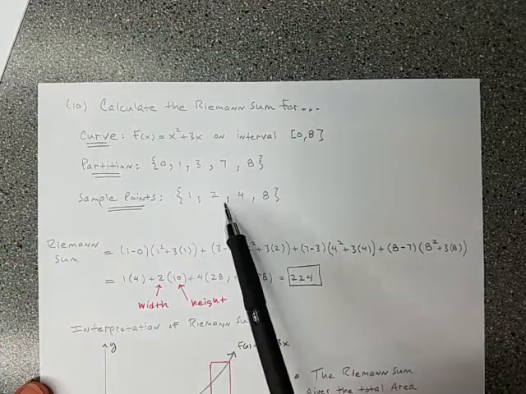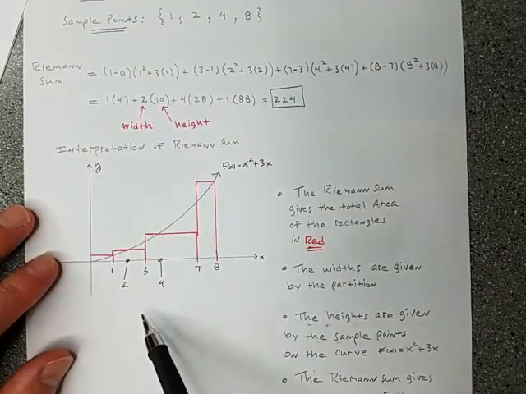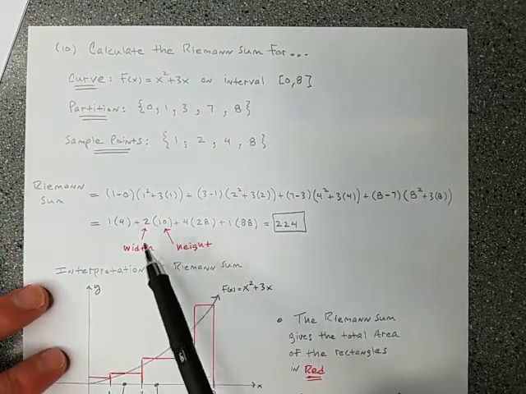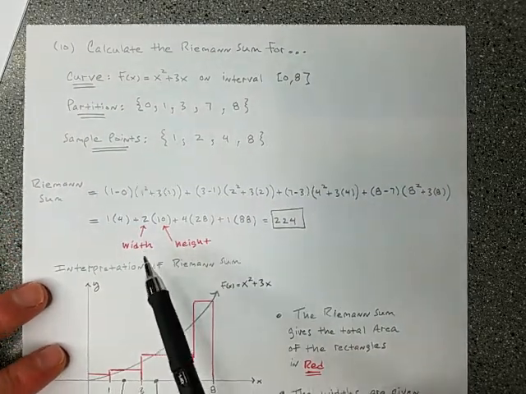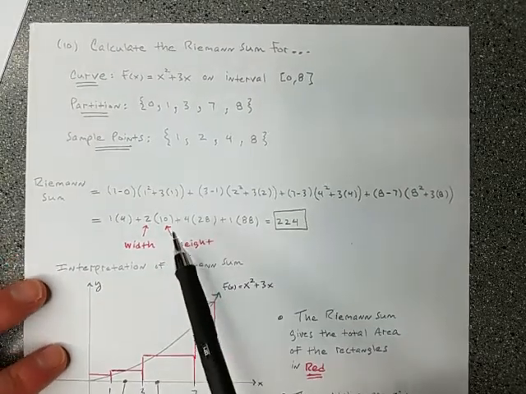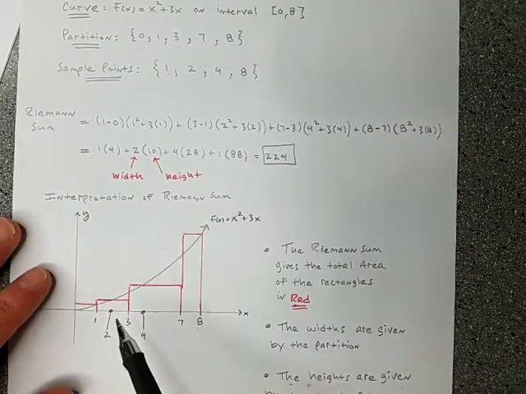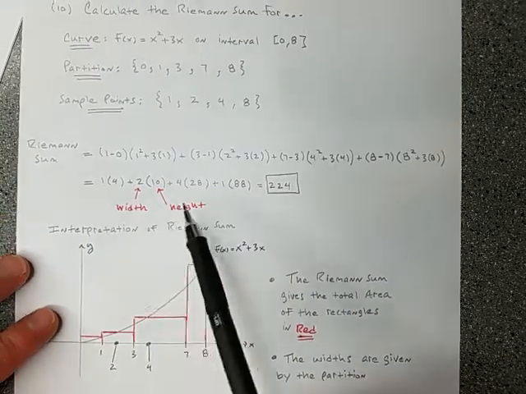That's what the partition and sample points create. So what is this? Well, that number turns out to be the width of this second rectangle, and that other number turns out to be its height. The width times the height is the area.